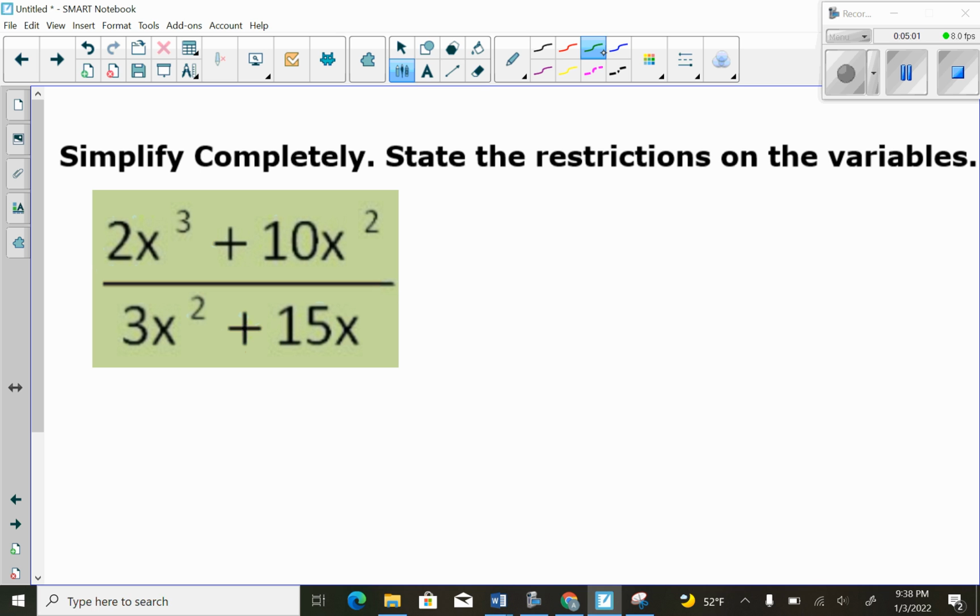Alright, continuing on. So, step 1, factor. Factoring out 2x squared, leaving us with x plus 5 in our numerator. And then we can factor out 3x in the denominator, leaving us with x plus 5.